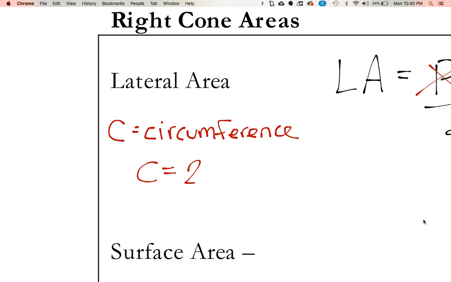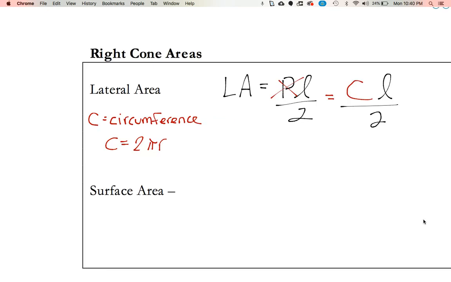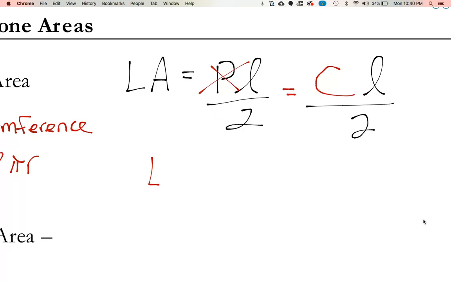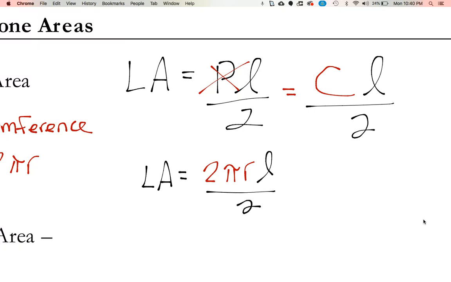C equals 2 pi r. And that's the equivalent to the perimeter of a circle. So lateral area equals 2 pi r times L divided by 2, and these 2's cancel out.